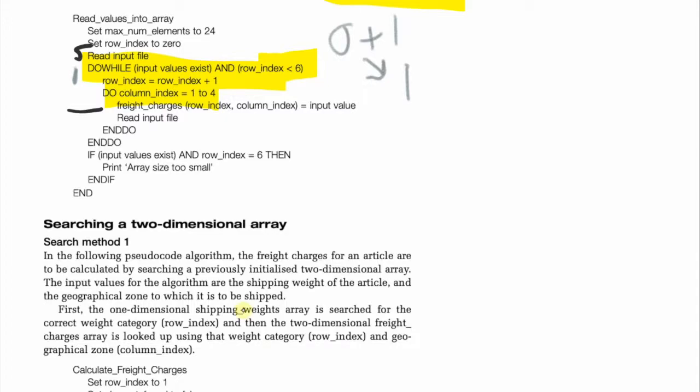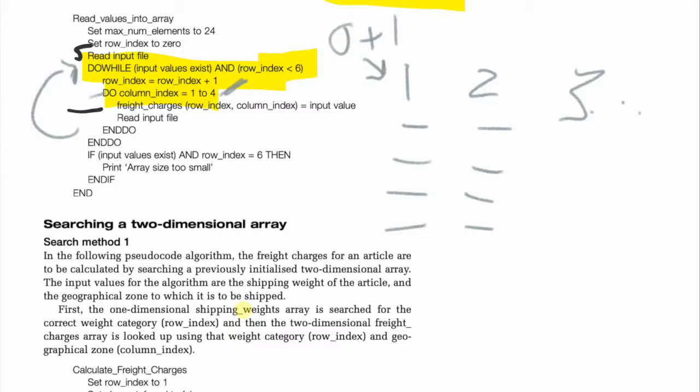So our first outside do while loop is going to be for row number 1. Our inside do loops are going to be columns 1, 2, 3, and 4. When those are done printing, we're going to come back up to the top of our do while loop. We're going to print row number 2, and then come back inside of our do while loop and print columns 1, 2, 3, and 4. We're going to come back up and do 3, and so on, and we're going to finish with 5.